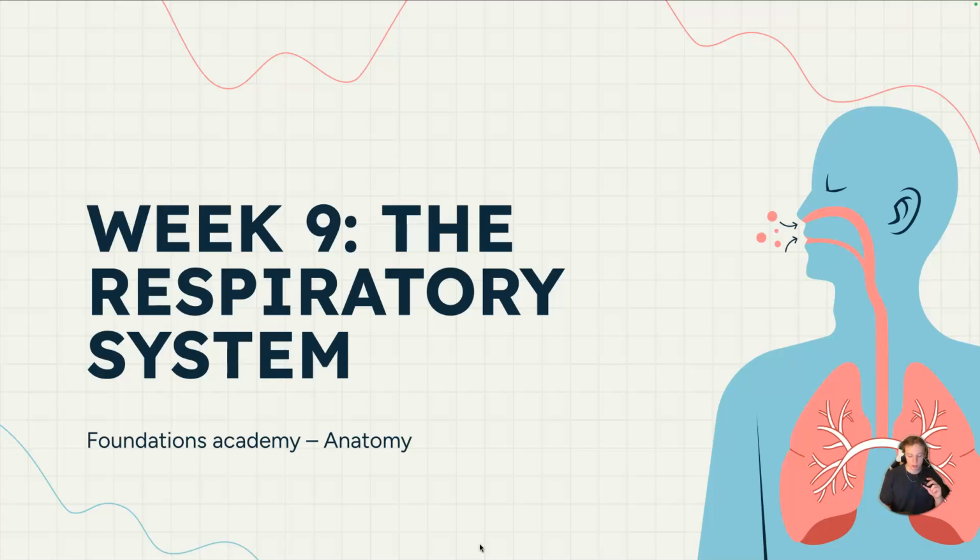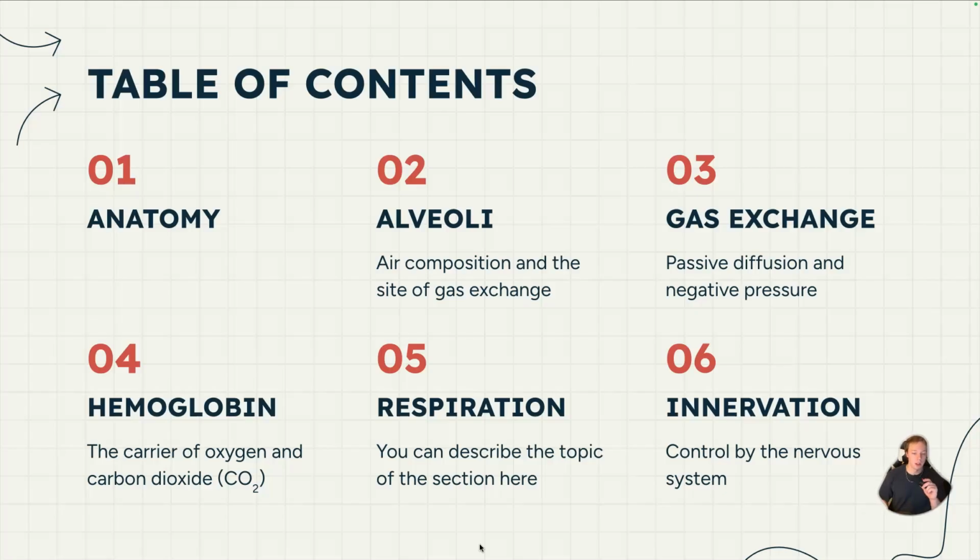So, without further ado, let's talk about the anatomy of the respiratory system. We'll talk a little bit about alveoli, that is the site of gas exchange, and the composition of air. Gas exchange as well. We'll talk a little bit about this thing called hemoglobin. We typically know hemoglobin through blood.